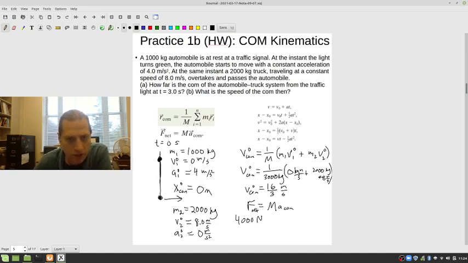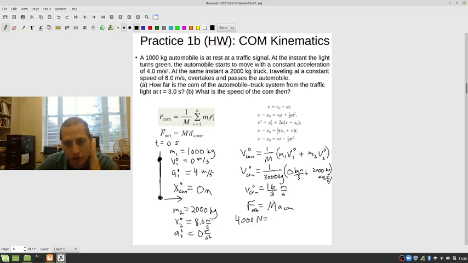What's our acceleration or our force on the second object? Well, trick question. The acceleration of that second object is 0, so the net force on it is also 0. So in fact, the force on my first object is the total force on my object. It's the only thing that's accelerating. It's going to be the thing that is causing my center of mass to accelerate.